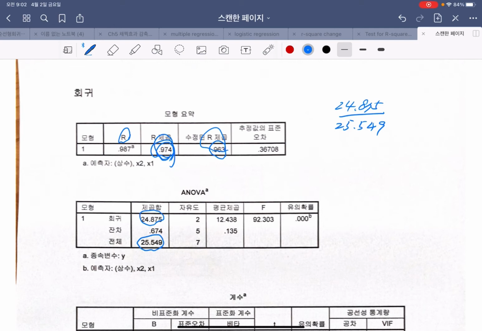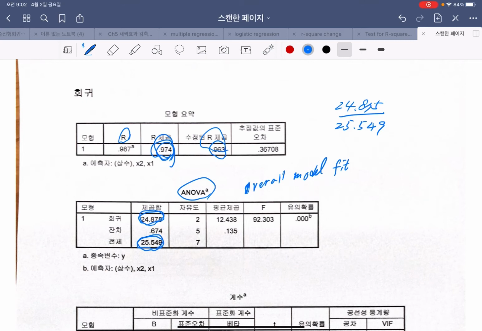So this one is used for the overall model fit. You want to check whether your model is good or not, right? So this one is called the total variation, and this one is the explained variation by the independent variables.